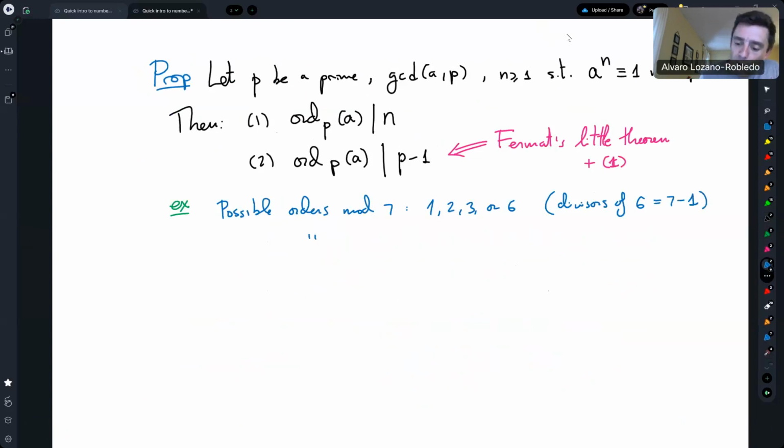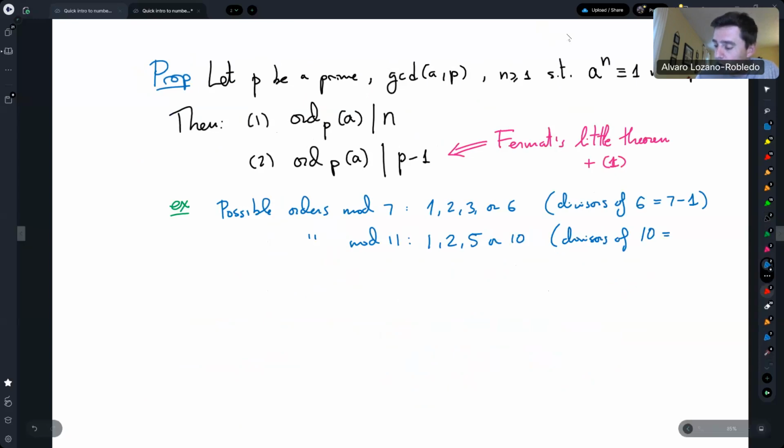The possible orders modulo 11, we just saw they are 1, 2, 5, or 10, and these are divisors of 10, which is 11 minus 1. Okay, so that's why those orders happen.